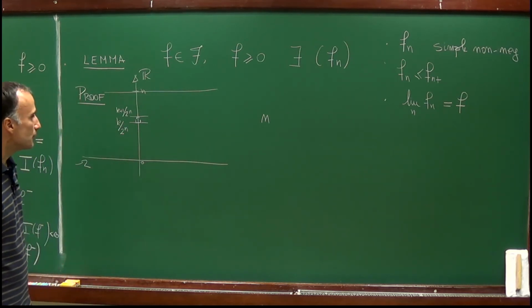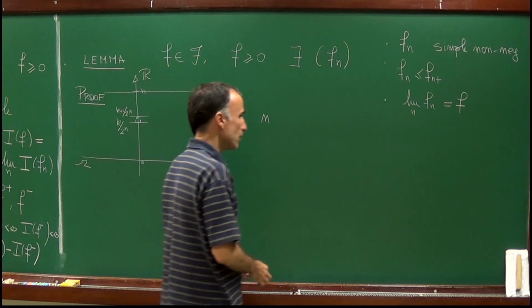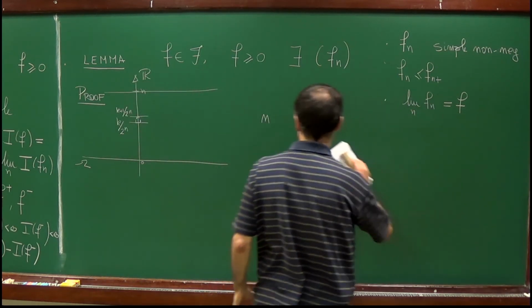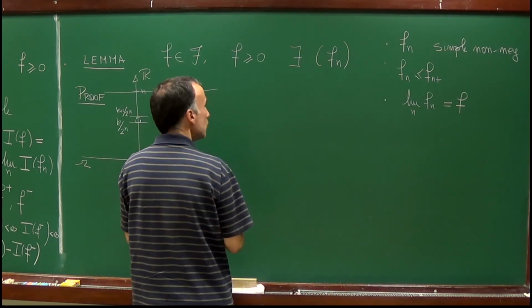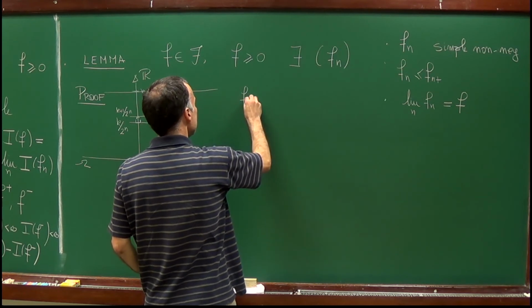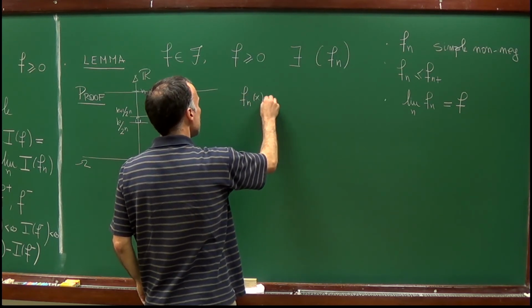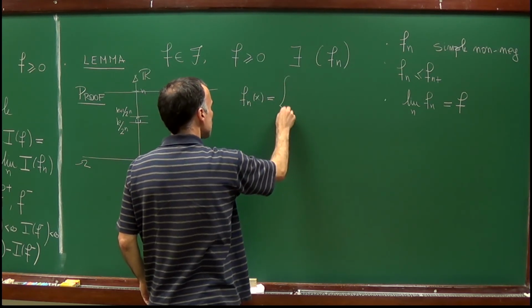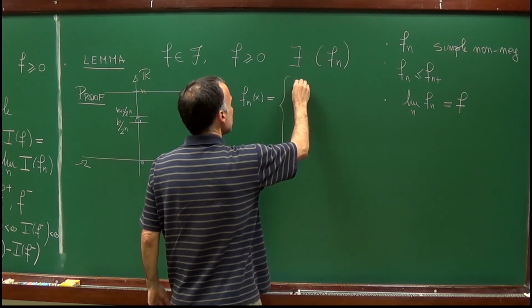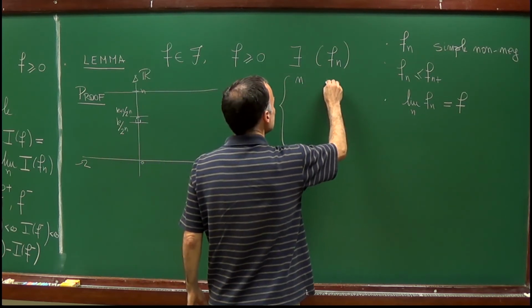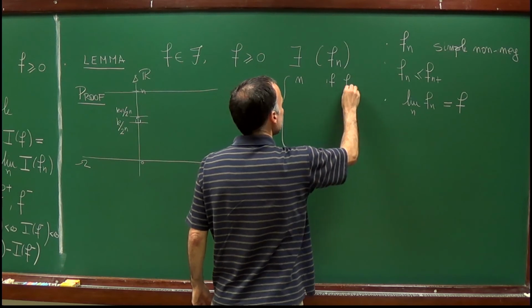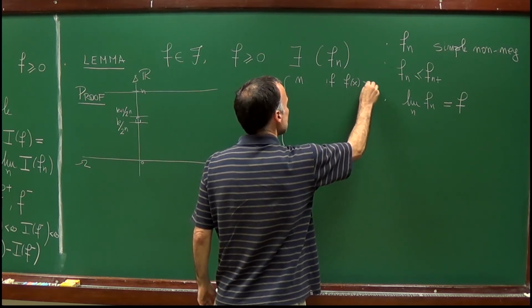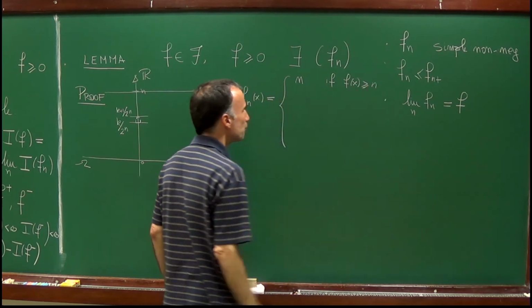So let me now define fn rigorously. fn of x will be equal to, as I said, n if f of x is larger or equal to n.